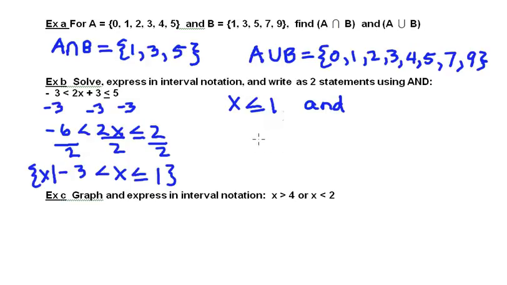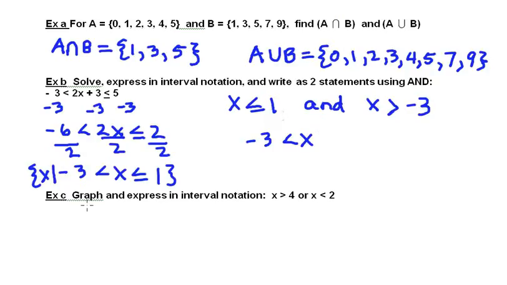And that condition is that -3 is less than x. But if I were to put the x on the left-hand side, I'm going to say that x is greater than -3. So this is our way of expressing this inequality by using two statements with an AND connecting them.